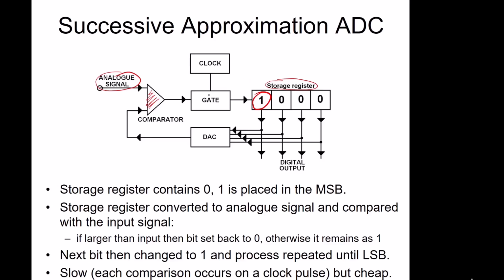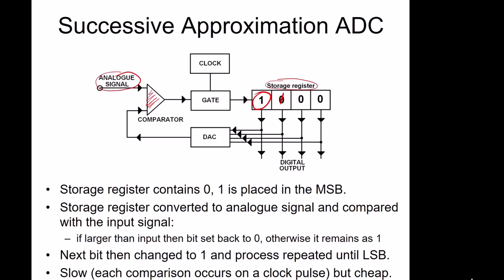When the next clock pulse comes in, we change the next bit to a 1 and do the same process. If this value is too high compared to the analog signal, it gets changed back to a 0. If it is lower than the input, then it stays as a 1. We can continue this process through each of these bits till we get to the last bit.